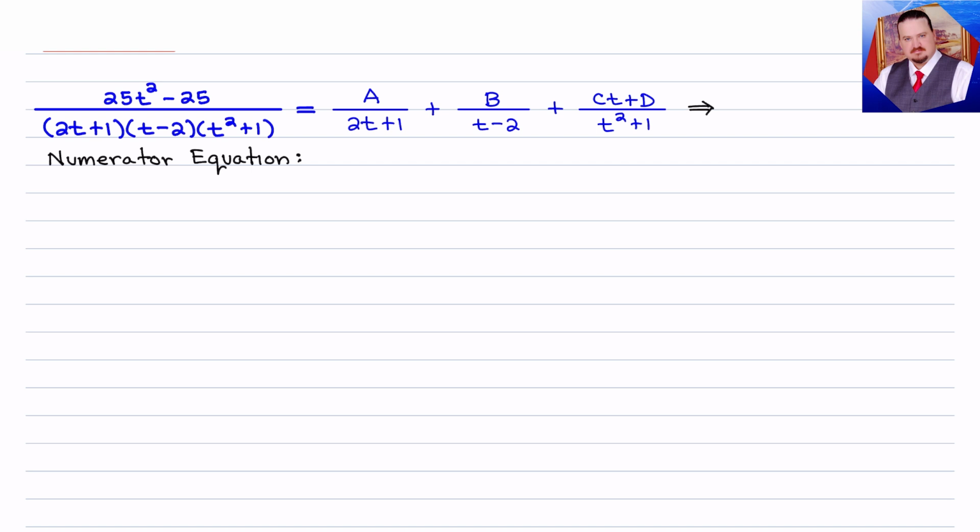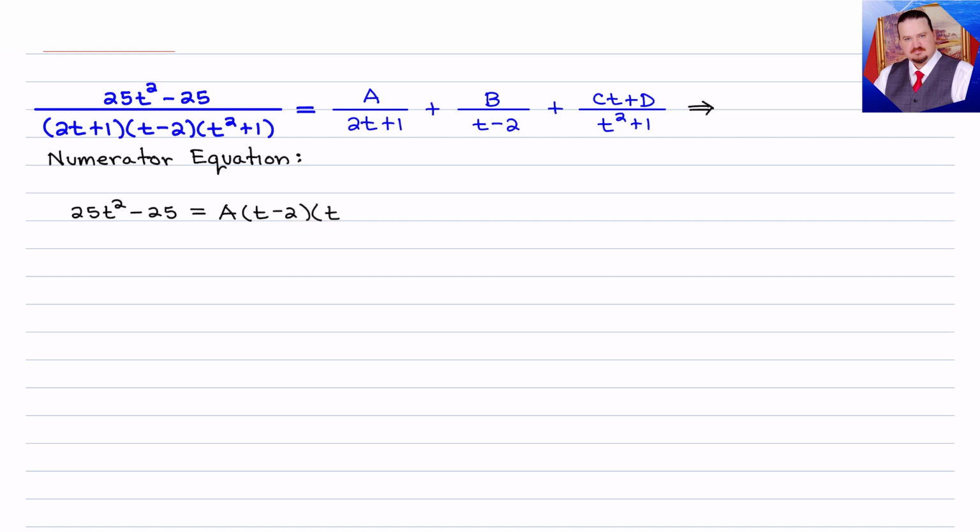Okay, so now if I get a common denominator and equate the numerators, I will get the following. You can work through this algebraically, if you like. You can pause the video. In the numerator equation, this is what you would get.